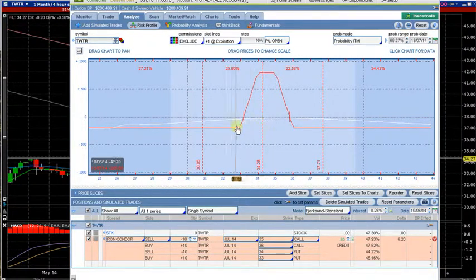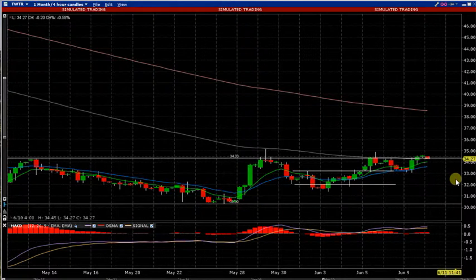Max profit will be $800, max loss will be $200. So you see the difference between the butterfly and the iron condor. Your max profit will be much less and your max loss will be much less because you are predicting that when expiration arrives, the range is going to be between 34 and 35.